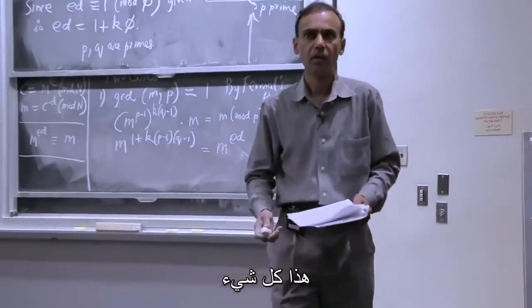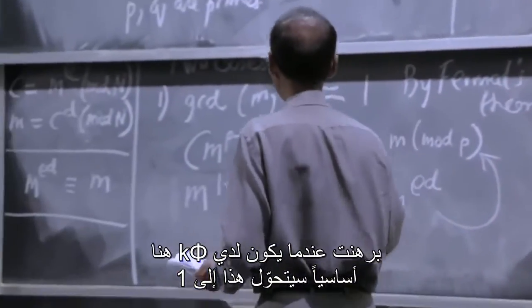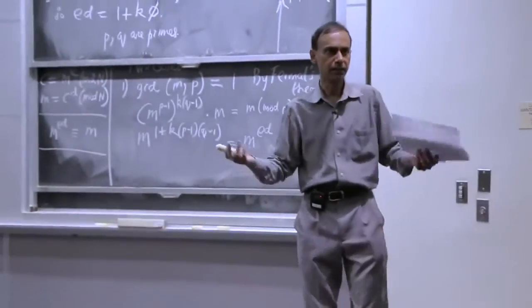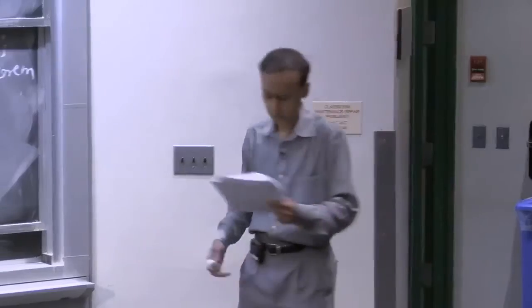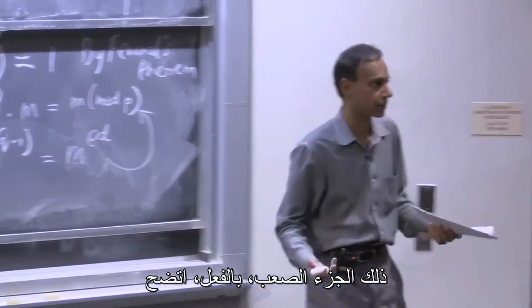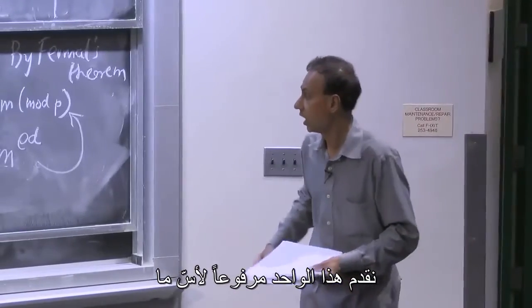That's it. Just figured out that when I have k phi here, that's going to turn into 1, basically, when you exponentiate it.